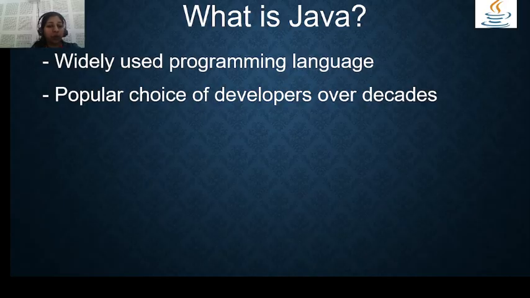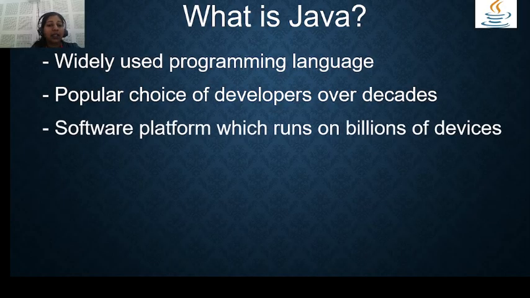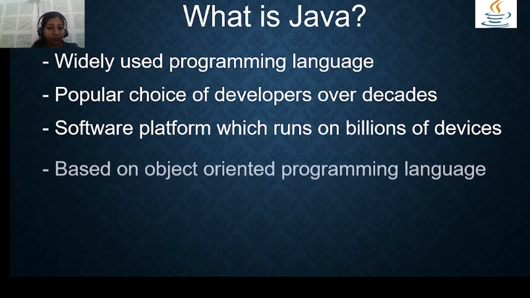Java is pure object oriented and it can run on millions of devices such as notebook computers, mobile devices, gaming consoles, medical devices and many other software platforms which are used nowadays.